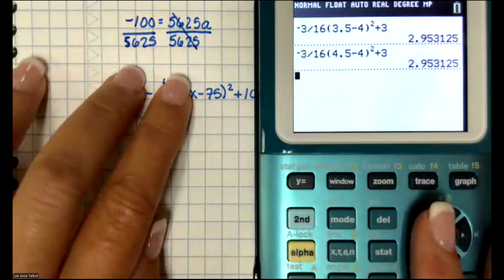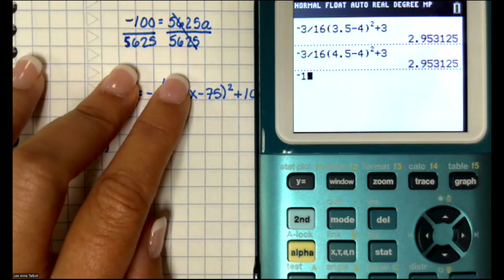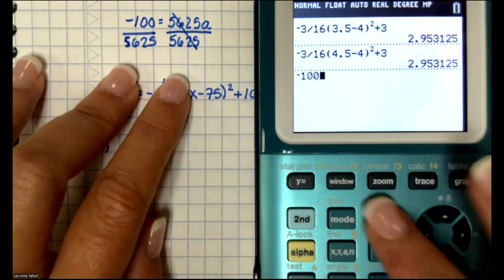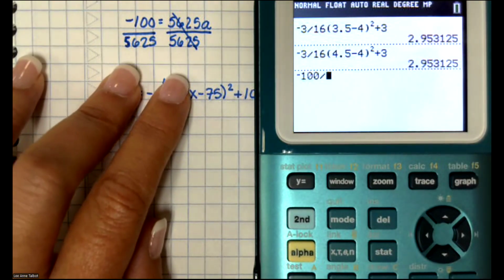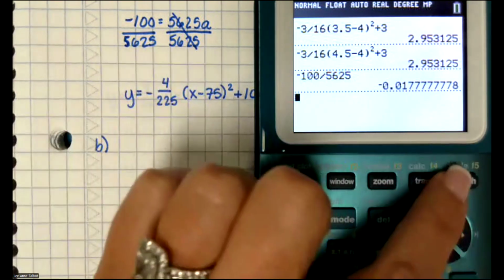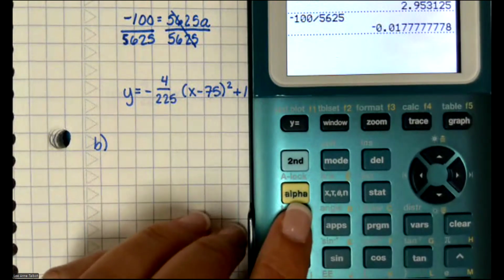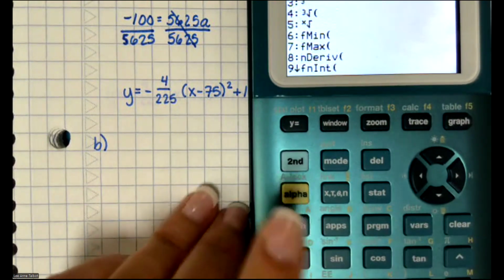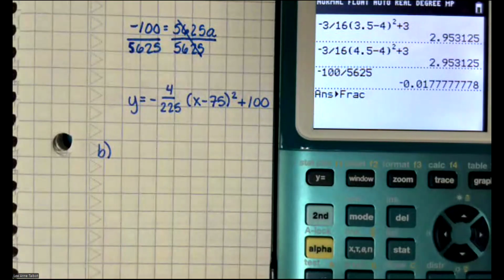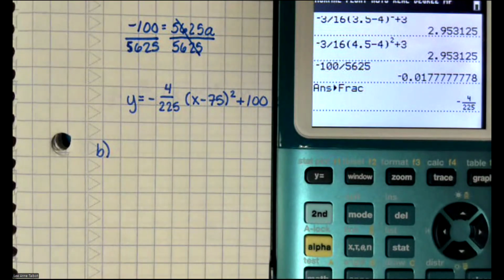Are you ready? Okay. Negative 100 divided by 5625. Really, really ugly decimal. Okay, wait. Math. Enter. Beautiful reduced fraction.